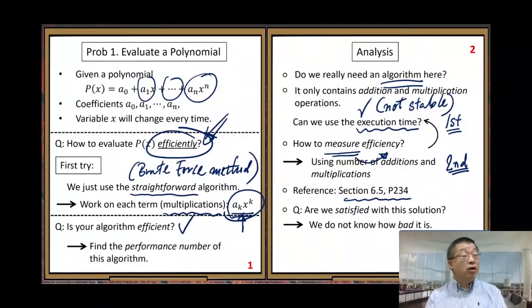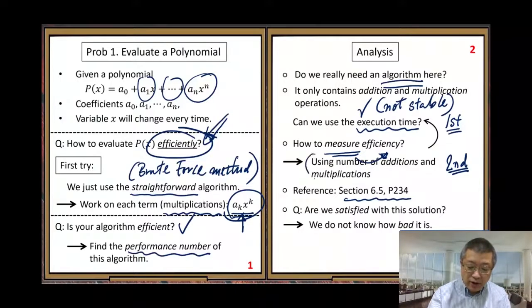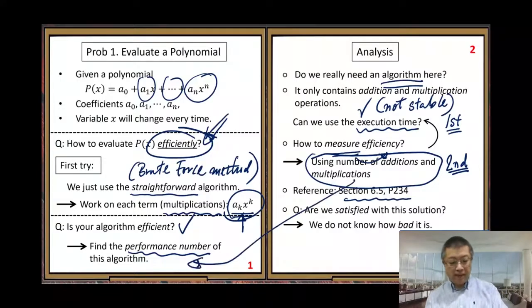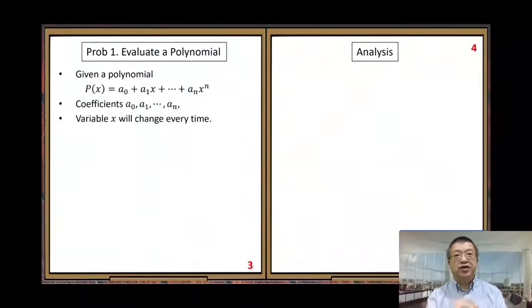What kind of analysis work? Find the performance number of this algorithm. What is the performance number? As I pointed out here, the number of additions and multiplications. That is the meaning here. We need to do that, so let me go to the next screen.